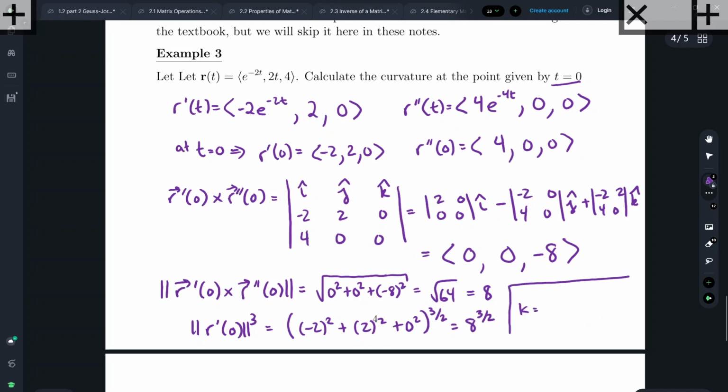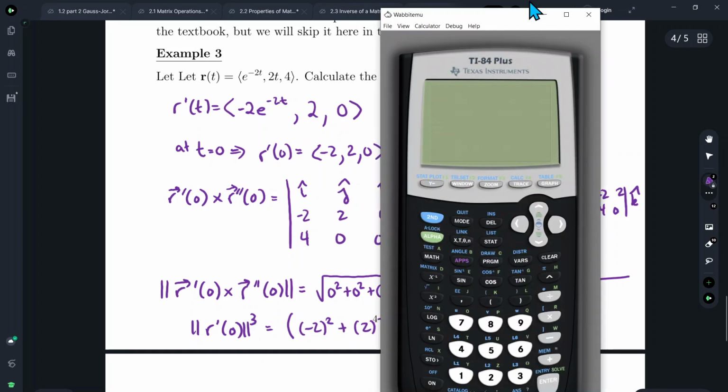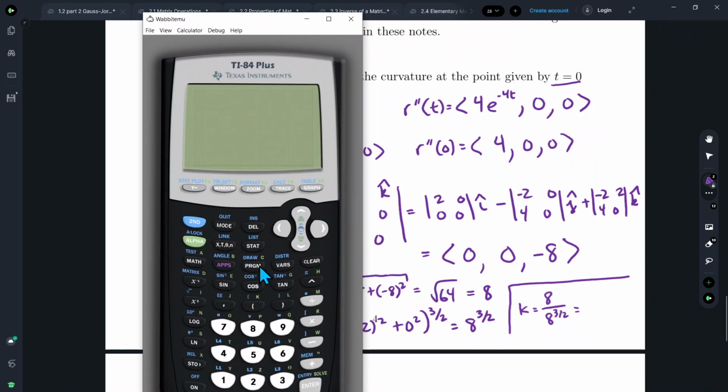So kappa is equal to 8 divided by 8 to the 3/2. And this is equal to about 0.3536.